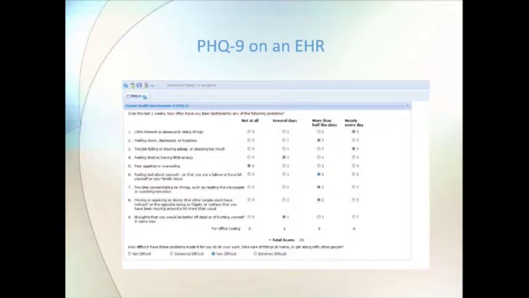version, which asks, do you have trouble falling or staying asleep or sleeping too much, either extreme? Are you feeling tired or having little energy? Again, extremes, poor appetite or overeating. Are you feeling bad about yourself or that you're a failure or that you've let yourself or your family down? Are you having trouble concentrating on things such as reading the newspaper, listening to the radio, watching television?